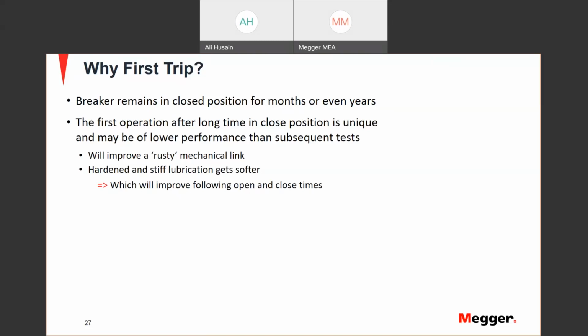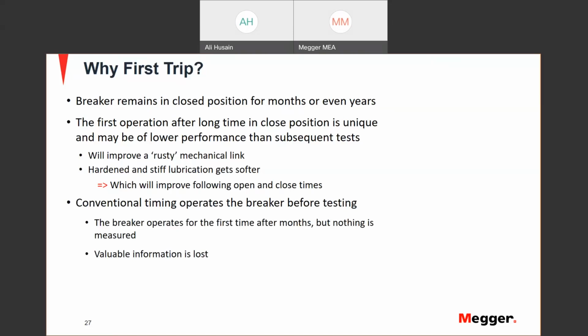This test is done on the breaker while it's online, while it's been in service for a very long time, to capture the tripping time of that breaker in this situation. When you are doing a conventional timing test, usually you will have to open the breaker for the first time and then do all the connections that you need: isolate, connect, and remove ground, all that.